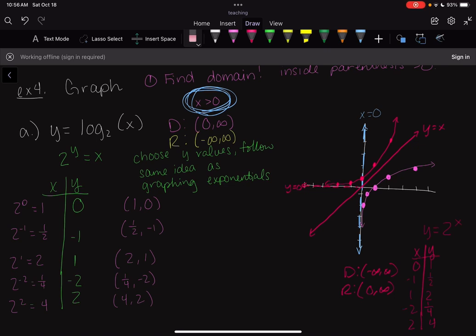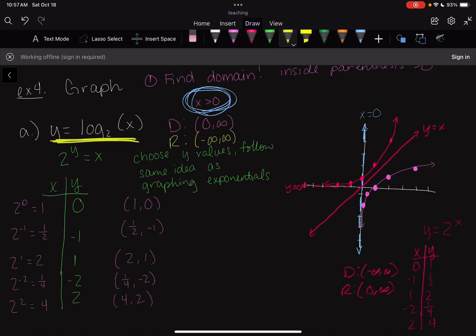Now I also want to explain to you why I chose to move to an exponential to graph instead of just graphing it as a logarithm. The reason is, if you graph it strictly as a logarithm, like if you leave it in this form, you have to remember that your x's will have to be strategically picked.